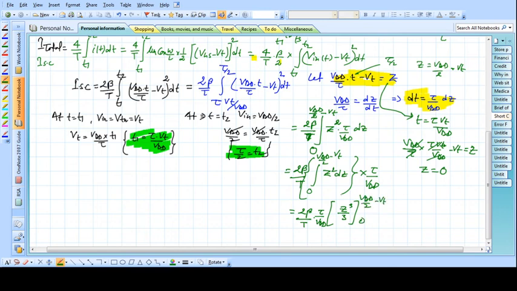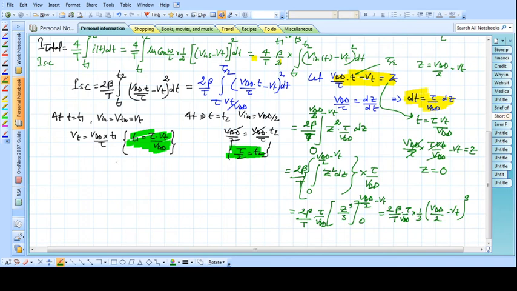So taking 3 outside, it is beta by tau into tau by VDD into 1 by 3, and it should be (VDD by 2 minus vt) whole cube.